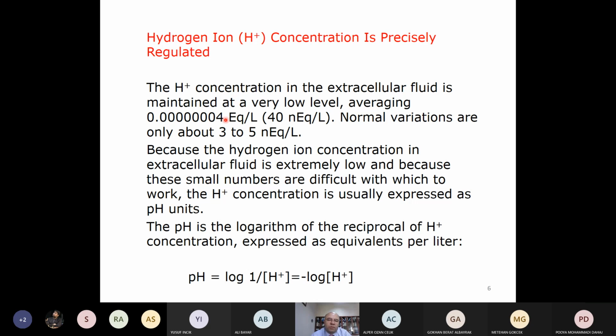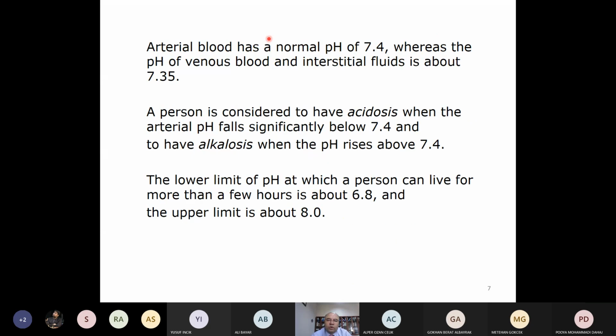Normal variation is about 3 to 5 nanoequivalents, but if we talk about it by pH presentation, minus logarithm of hydrogen concentration, then it is very easy. Then you just say pH is 7.4. This is the arterial blood pH.